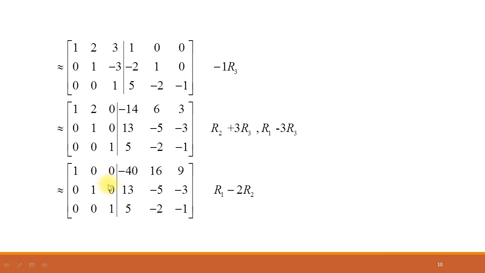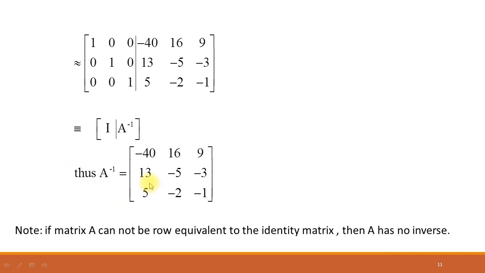Now dear students, note that the matrix has transformed to I, and this is the new matrix. So this new matrix is now the inverse of the given matrix A. So [A | I] is transformed to [I | A inverse].